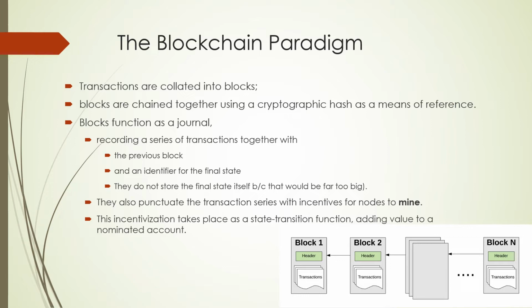But the miners need to have some incentives to create new blocks, and that's very similar to the mining process of Bitcoin. So miners would like to have some incentives. The incentivization takes place as a state transition function, which adds value to a nominated miner, or to the nominated account of the miner.